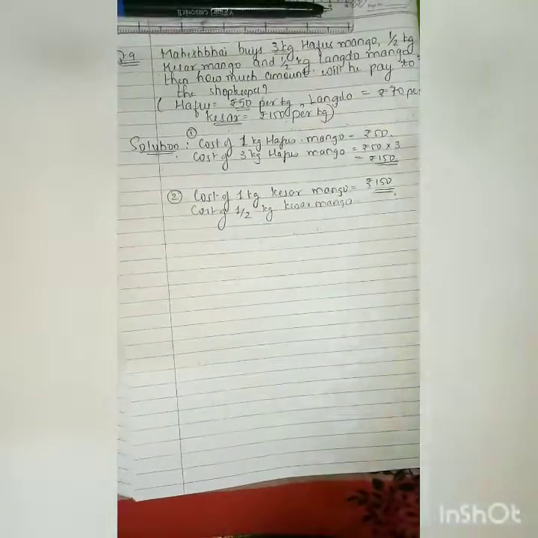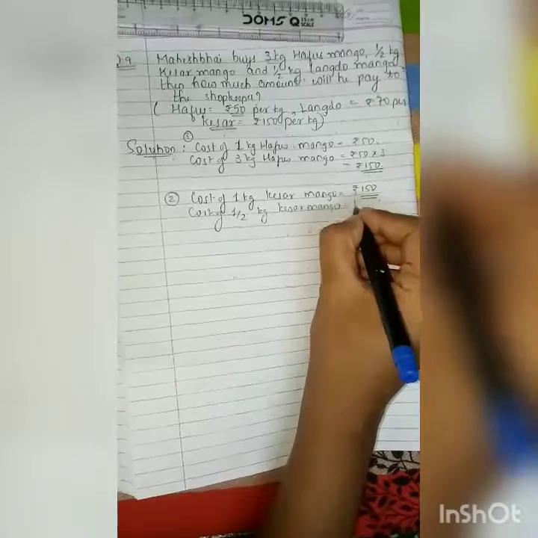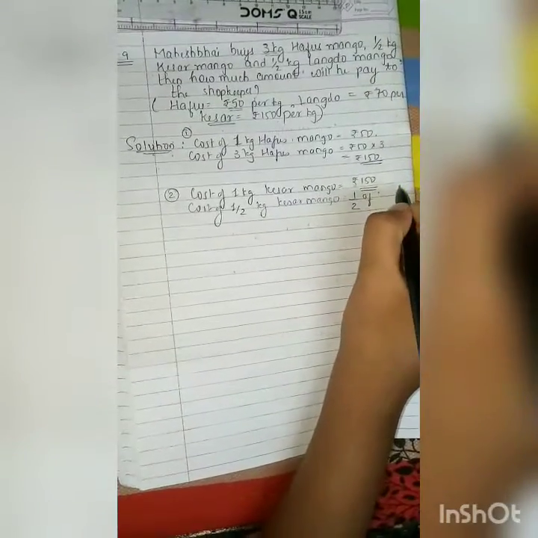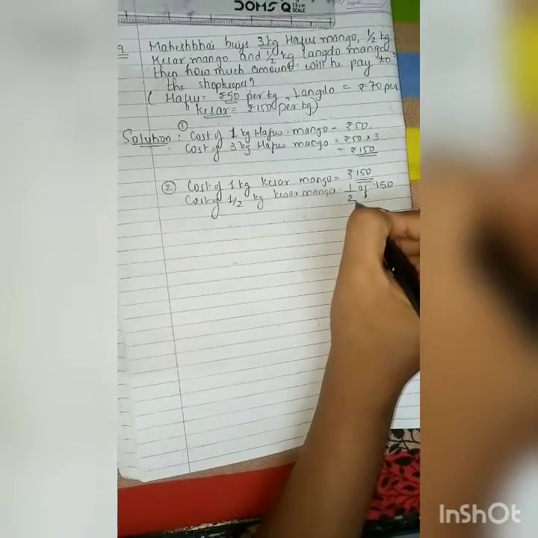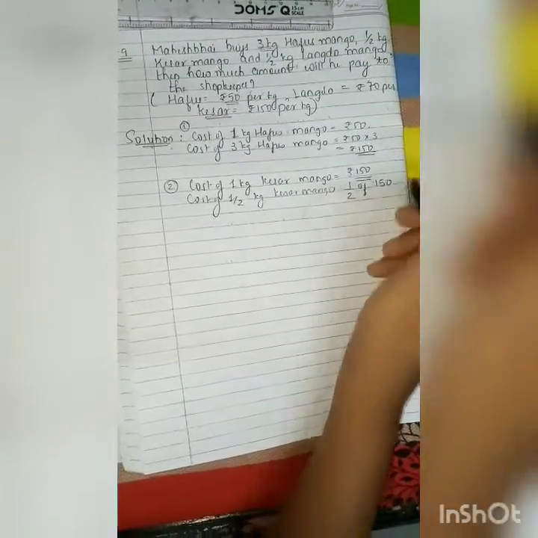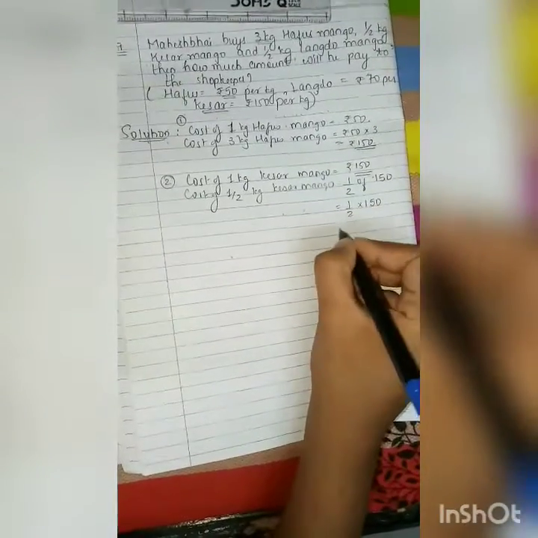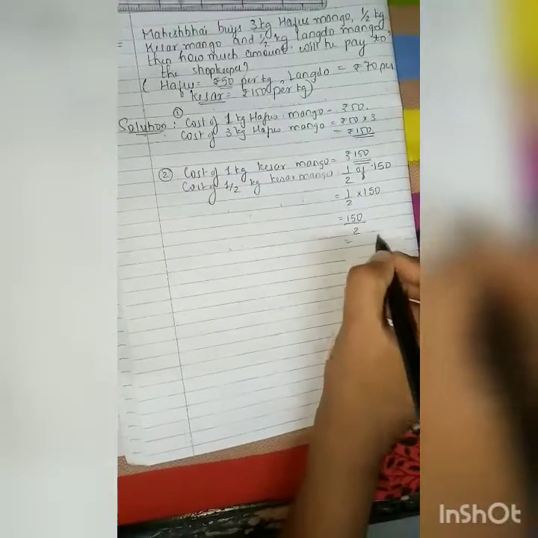So what are we going to do? We will do that only. Okay, half means 1/2 of 150. Total amount is how much? 150. So we'll do 1/2 of 150. So 1/2 into 150. So 1 into 150 is 150 upon 2.